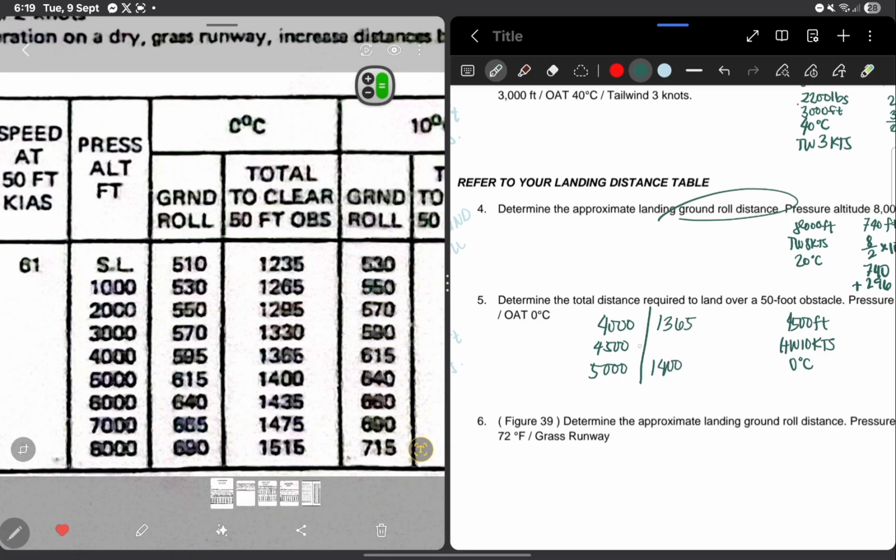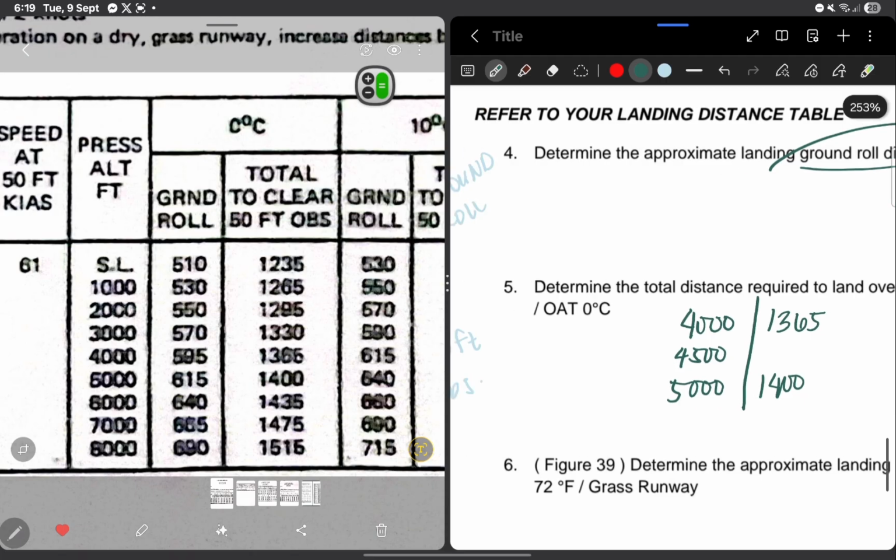So in order to figure out how much our 4,500 pressure altitude is, we will take the difference between these two, which is 500 feet. The difference of 4,000 and 4,500 is 500. Then the difference of 4,000 and 5,000 is 1,000. So that's 500 over 1,000. And then we multiply it by the difference between these two, which is 1,400 minus 1,365, which is 35.